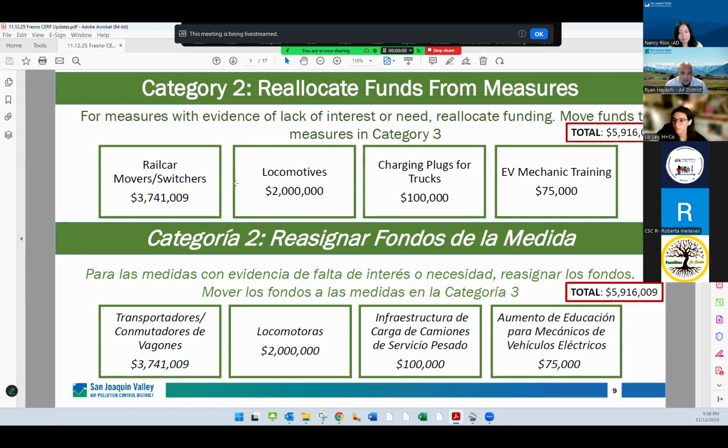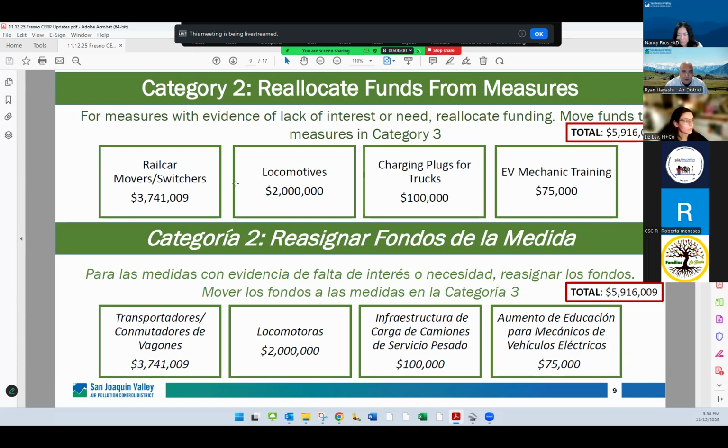And so 3 of the items on here are some of the biggest emission reductions in terms of equipment change out. Oftentimes these pieces of equipment have huge engines in them. They operate for long periods of time. And so there's a lot of emission reductions associated with that.